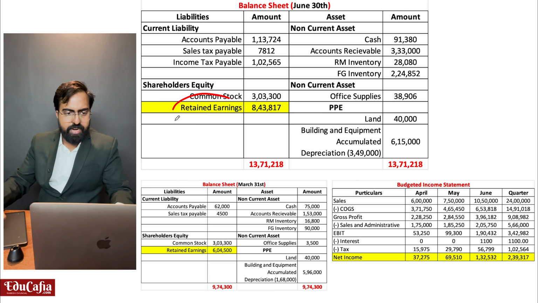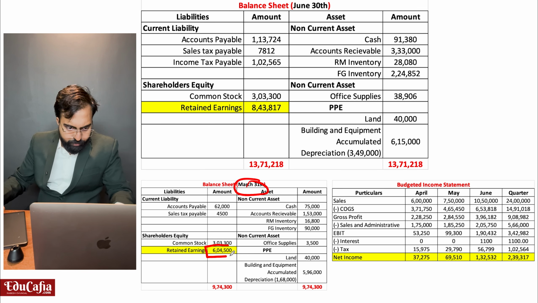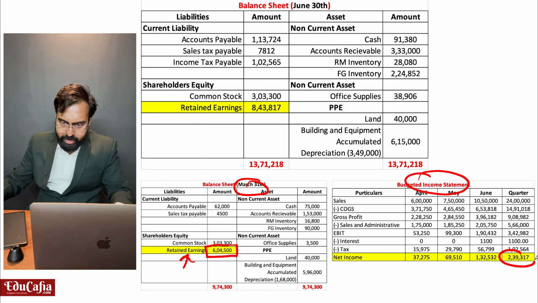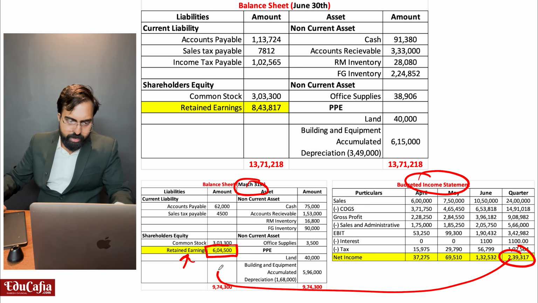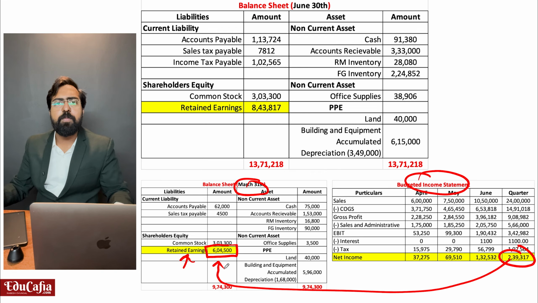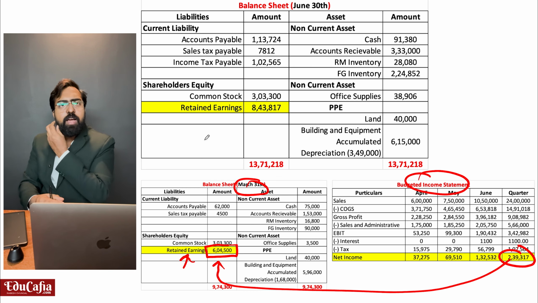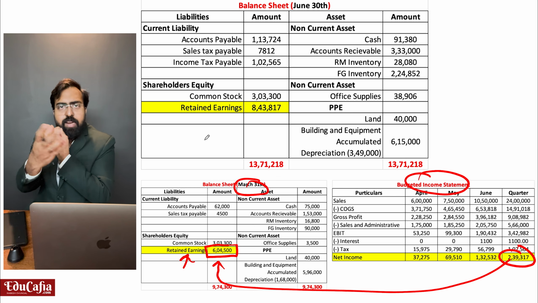Next one, retained earnings. On March 31st we have retained earnings of 6,04,000. What is retained earnings? The net income in the income statement, the total net income, will come to retained earnings, right? There is no discussion about dividends paid.